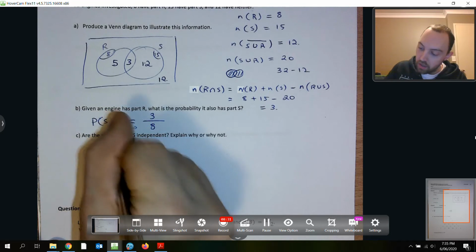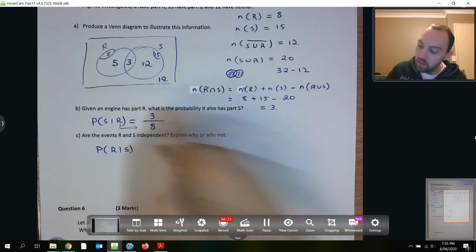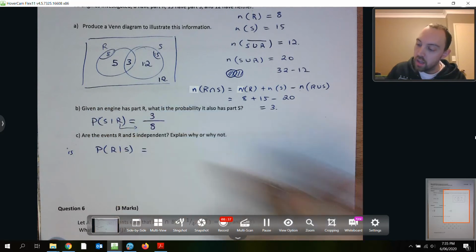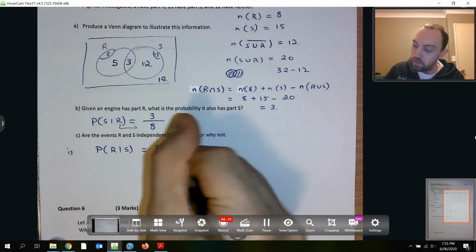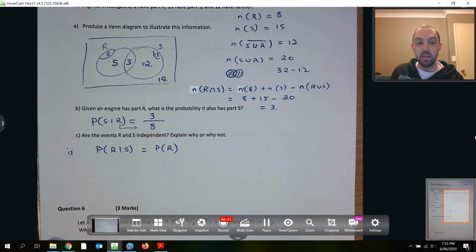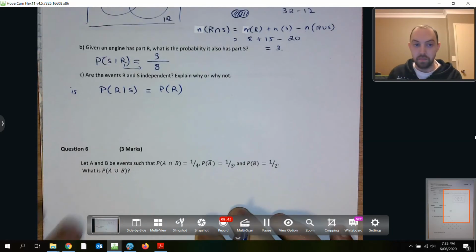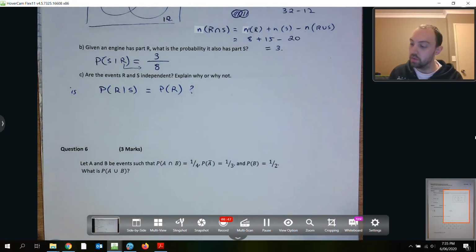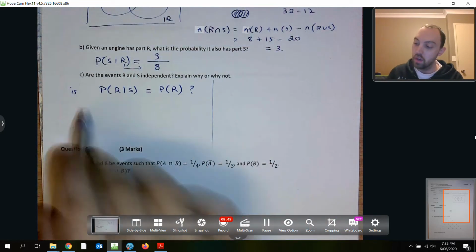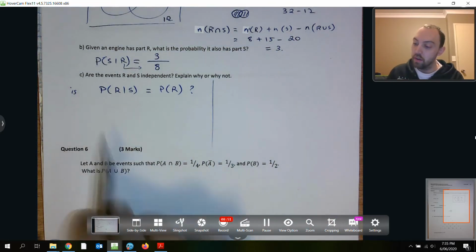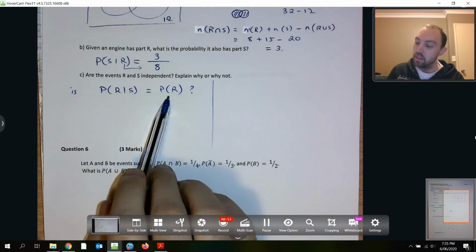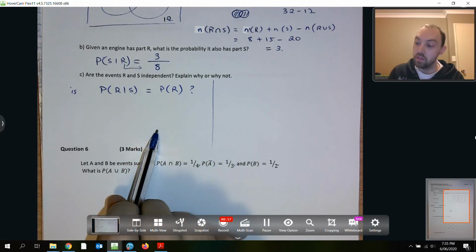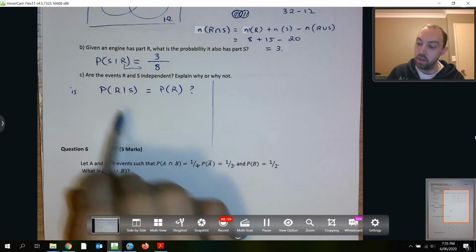Probability of R given S should be equal to the probability of just R if they are independent. So this is the question we're asking ourselves. We can do this in a different way as well, but we'll think about just this one for now.